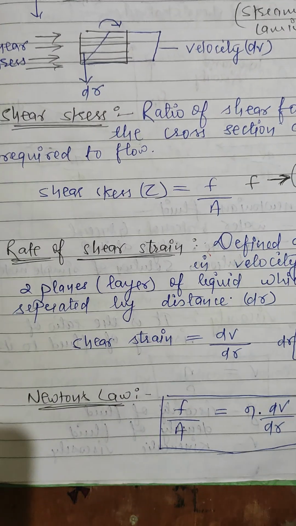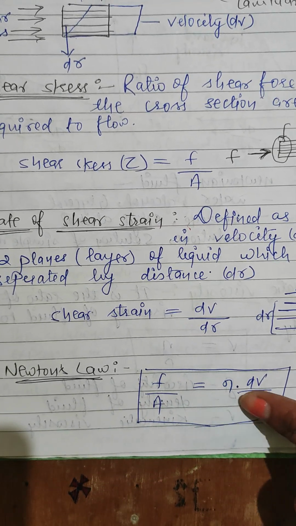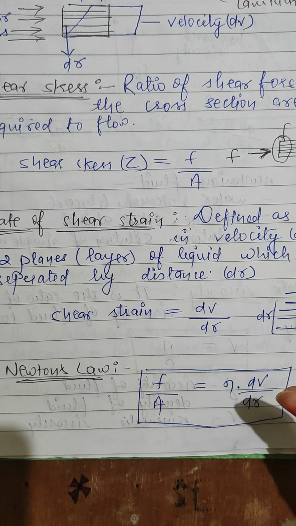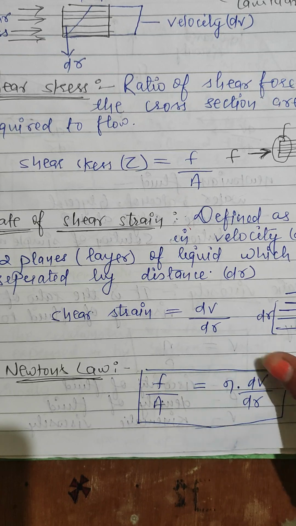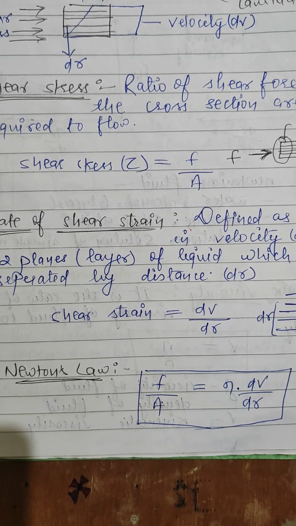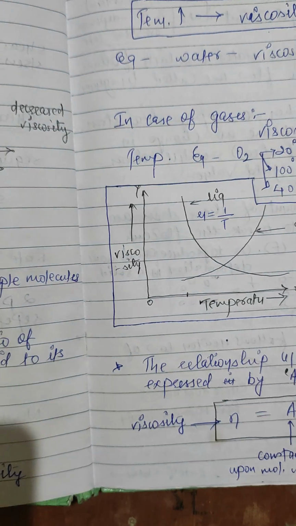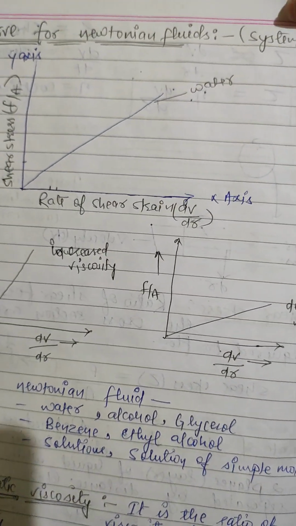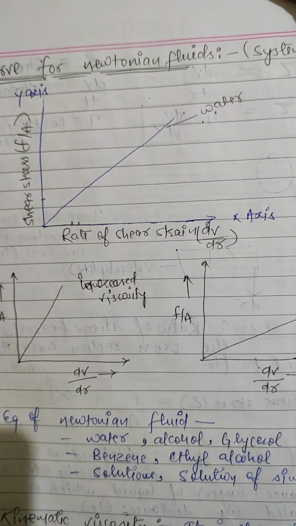Now what is Newton's law? The force per unit area which is required to create fluidity in any liquid is proportional to dV upon dr. If we remove the proportionality constant, eta will come, which represents the viscosity. Now there is a curve for Newtonian fluid. What are Newtonian fluids?